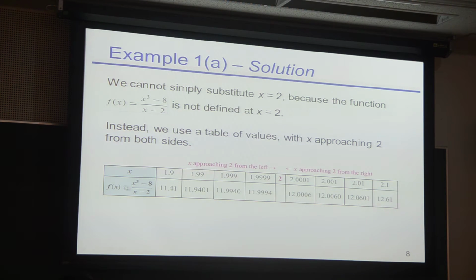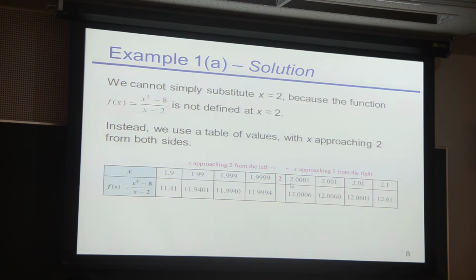Now, if we came in from this side and it was like 15, and from this side it was 10, then we wouldn't say that the limit is 12. We wouldn't say it was 10 and we wouldn't say it was 15. In order to say that it's 12, it has to be getting closer to 12 from the right of 2, from bigger than 2, and from the left of 2, from less than 2.